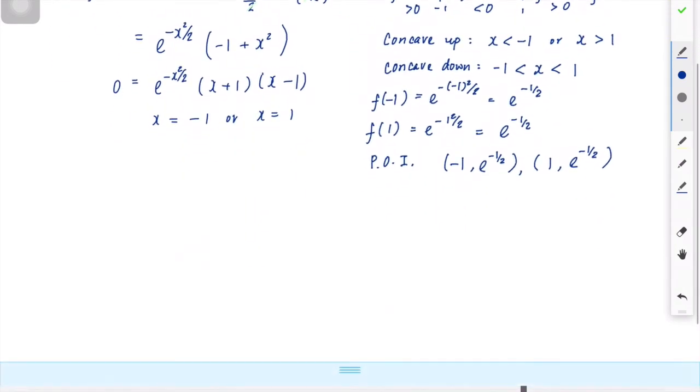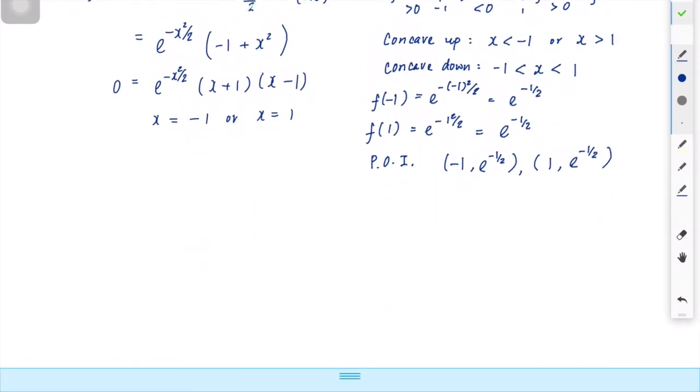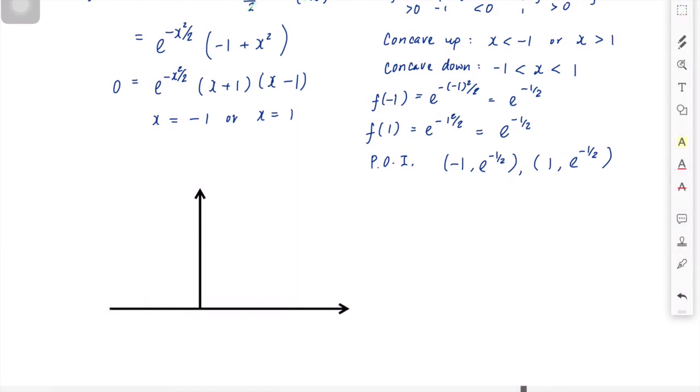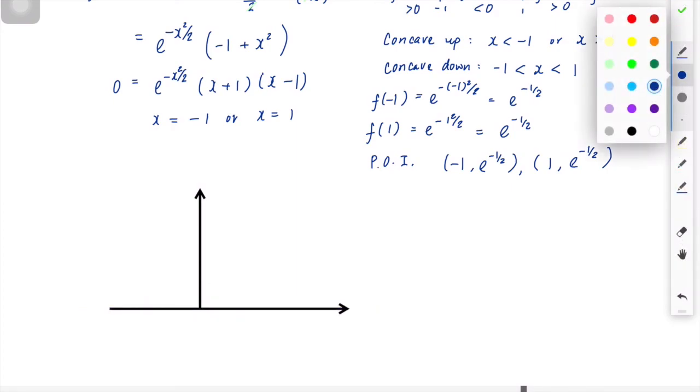Now let's make a sketch of this graph here. I need a set of axes. Okay, good enough. These are just rough sketches. I know that there is a max, not local, it's global actually, at 0. It's not drawing.